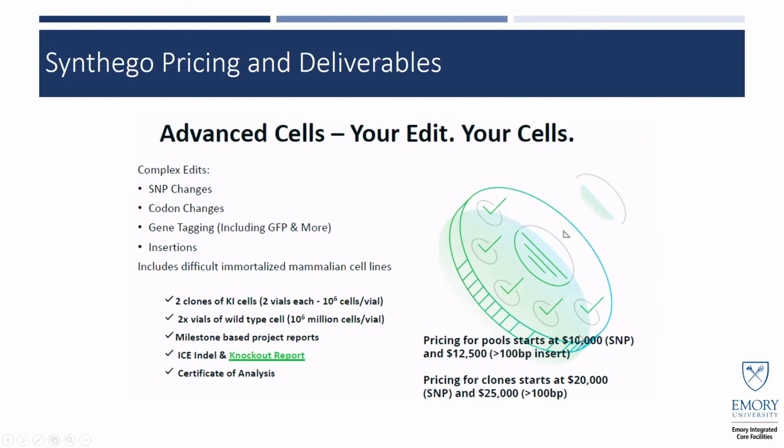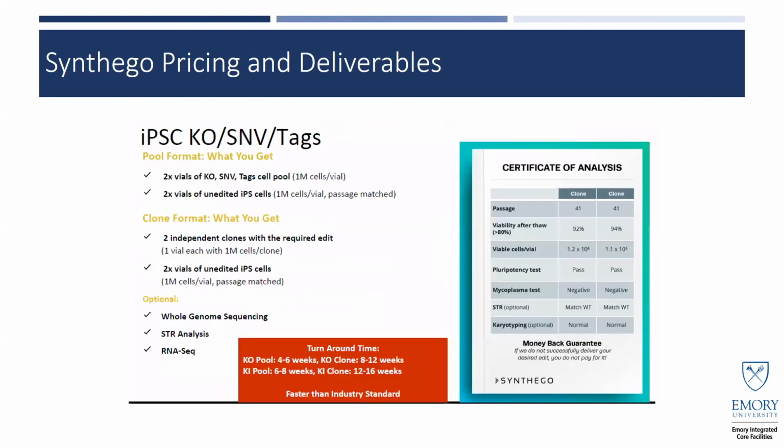Pools do go up in price because, like I said in the beginning, it's much less efficient to generate knock-ins than knockouts. It's around 10,000 or so for small insertions and about 25,000 for larger insertions, and this is actually clones for that. So again, about 10,000 or so more for making the clones.